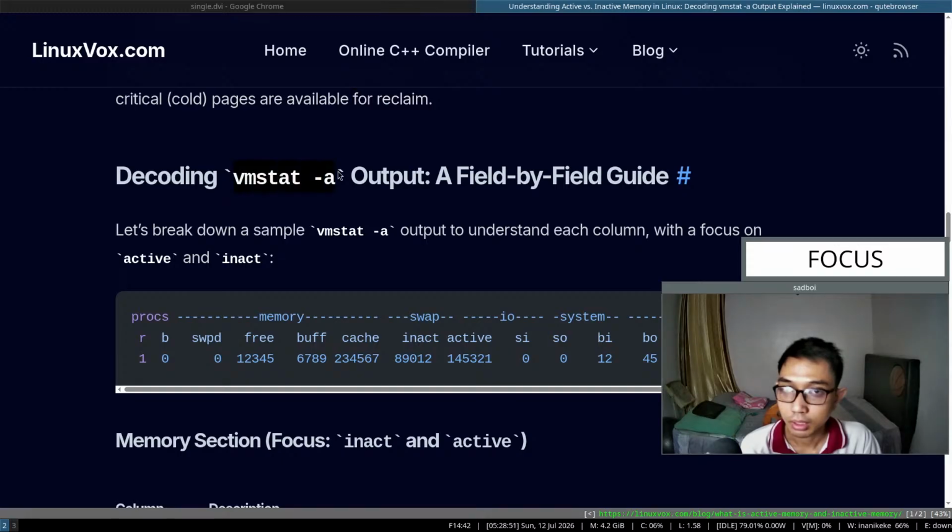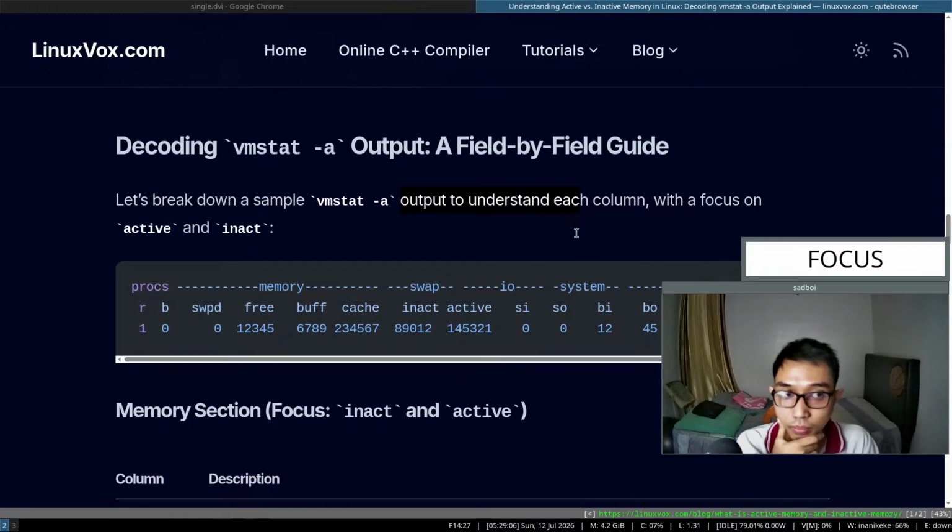Decoding vmstat -a output, a field-by-field guide. Let's break down a sample vmstat -a output to understand its columns with a focus on active and inactive.